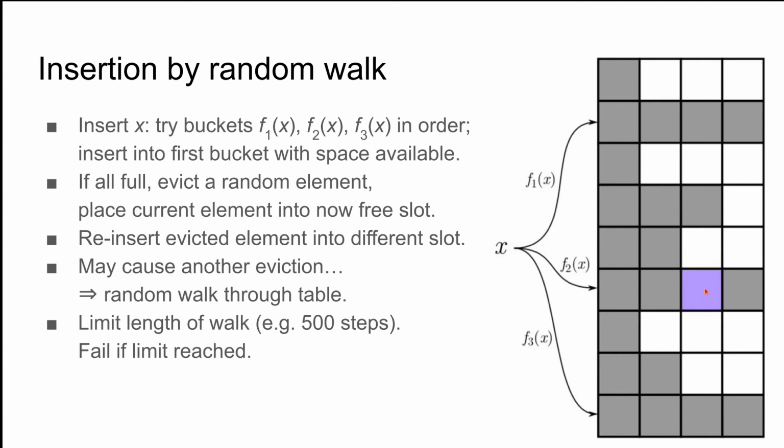So we construct basically a random walk through the table, examining different elements till we find a free spot. And in order not to take too much time, we limit the number of steps of this random walk to a constant number. And if that doesn't work in this number of steps, we fail and say the hash table is too full.